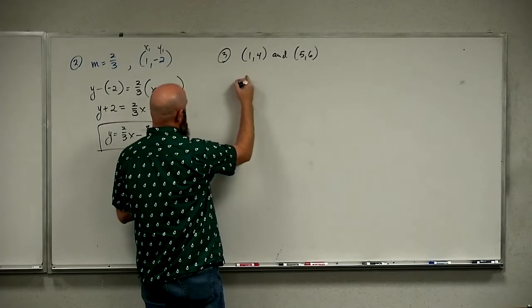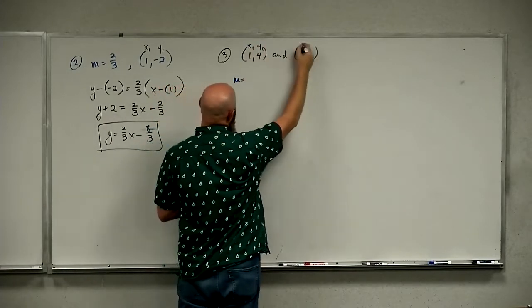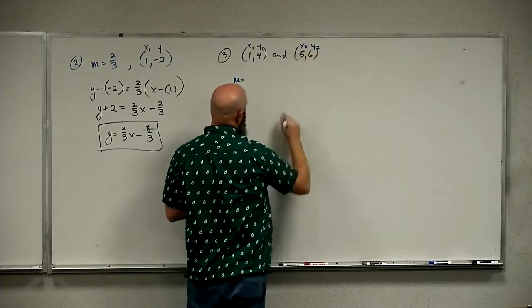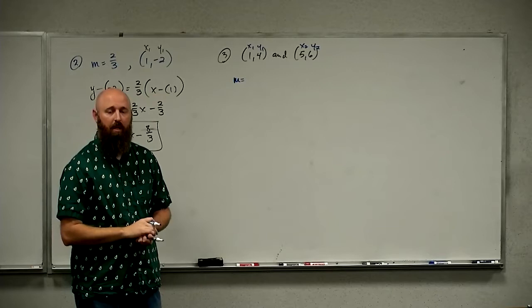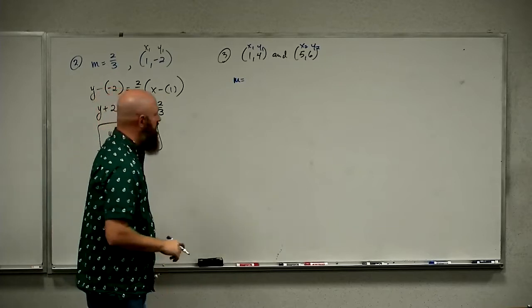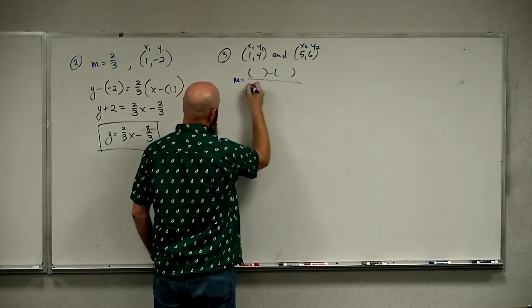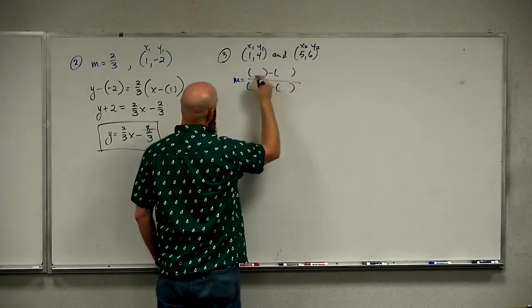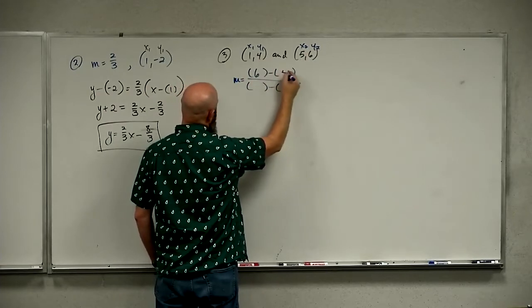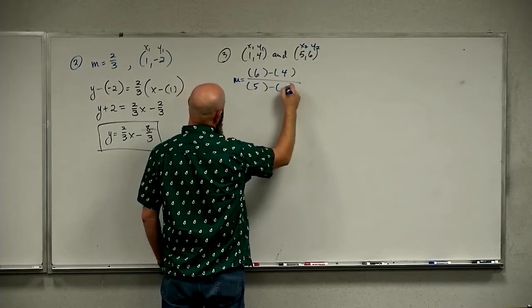I'm gonna do my slope formula, which says we have x1, y1, x2, y2. Remember, slope formula is y2 minus y1 over x2 minus x1. So I'm just kind of put those parentheses there like we did before. So y2 is 6, y1 is 4, x2 is 5, x1 is 1.